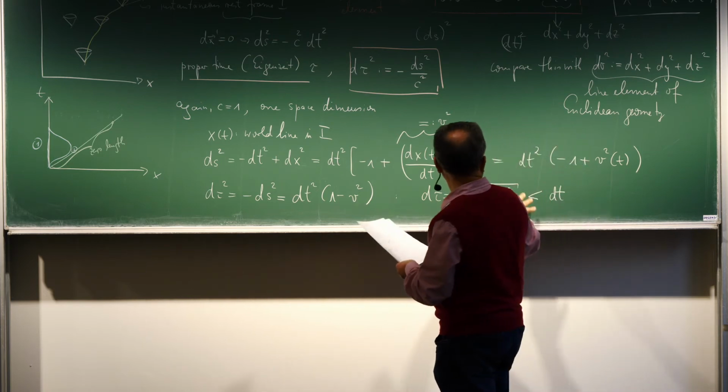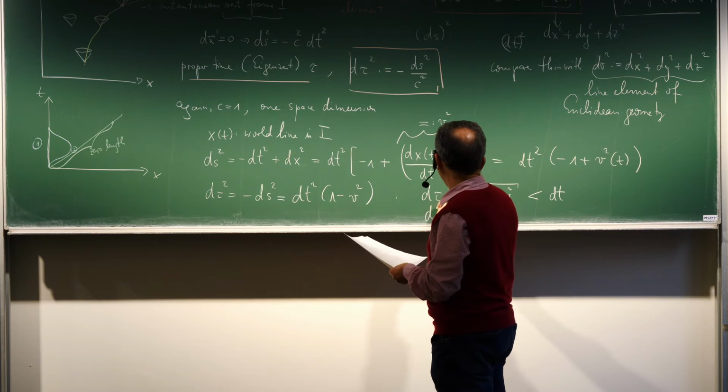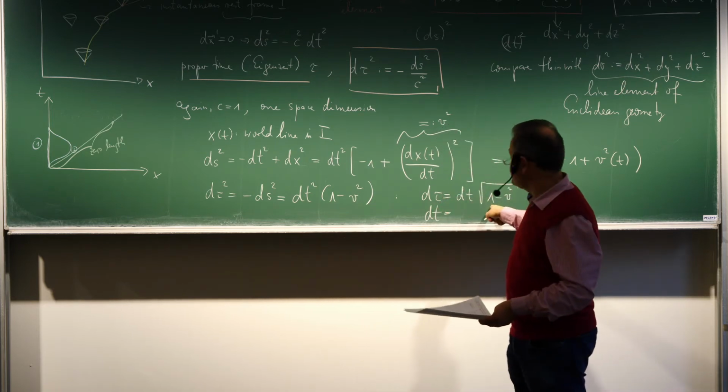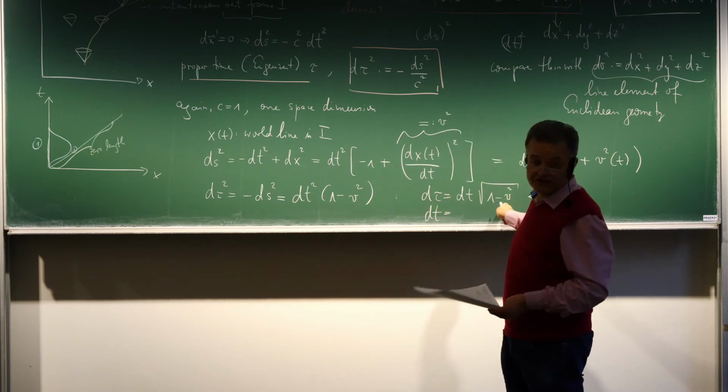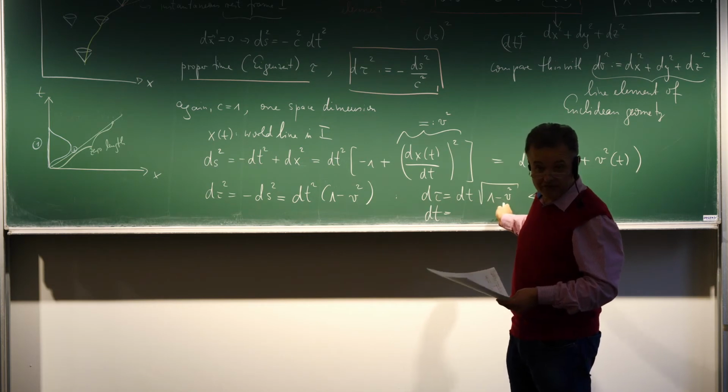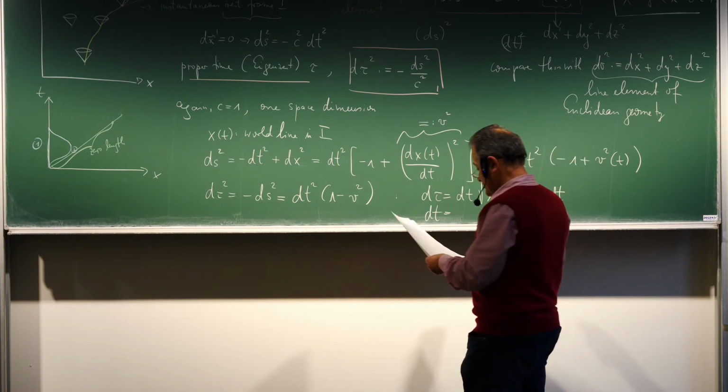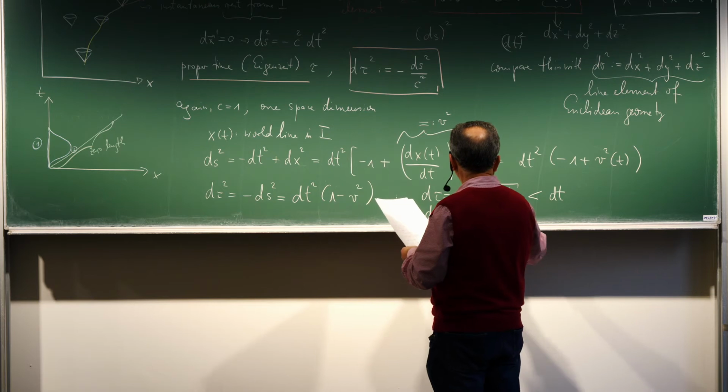Or you can also have the reverse. So the dt is 1 over this times the d tau, but 1 over this is just our gamma factor, which we had introduced earlier. So this is gamma d tau.